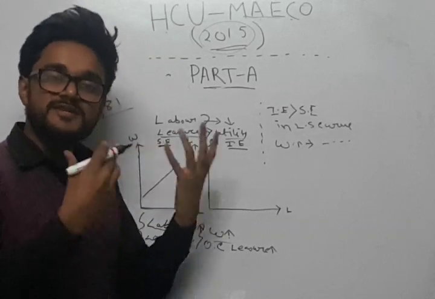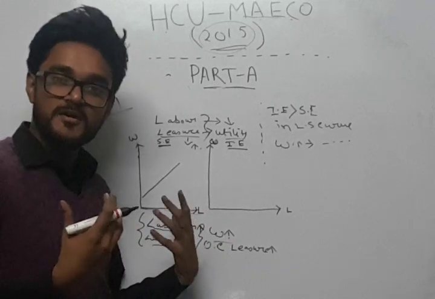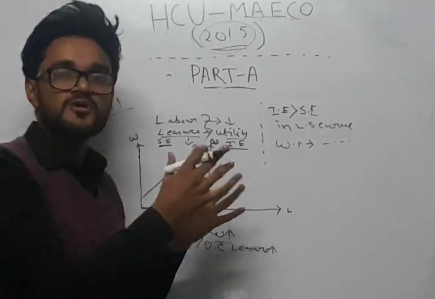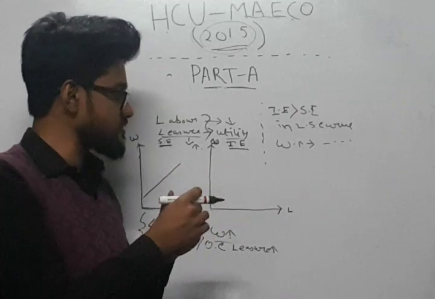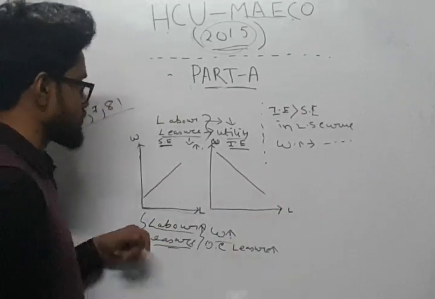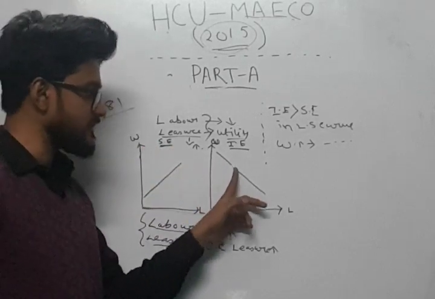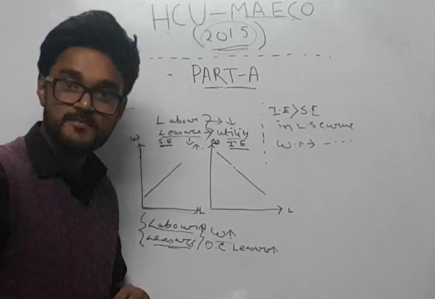That is, his wage has increased by such a substantial amount that he will prefer leisure because he doesn't need to put too much effort into work. So in case of income effect, the labor supply curve is negative. In case of substitution effect, the labor supply curve is positive.